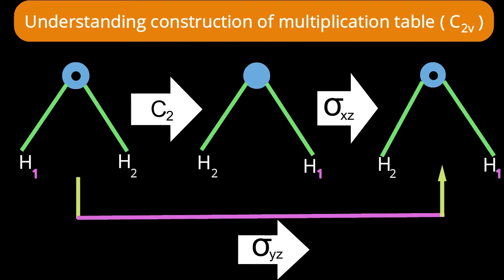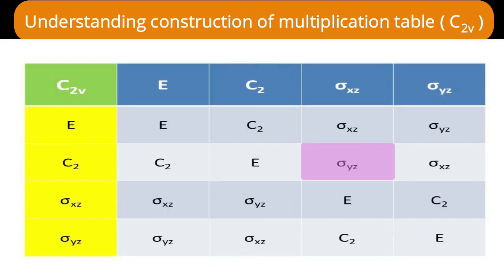We reproduce the result. Let us see what the multiplication is in the multiplication table between C2 and sigma xz. Yes, the multiplication is sigma yz. Therefore, we have represented that C2 into sigma xz is equal to sigma yz. I told you previously only from a mnemonic point of view. Now we have derived that result.